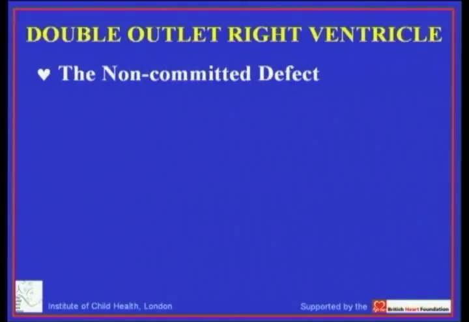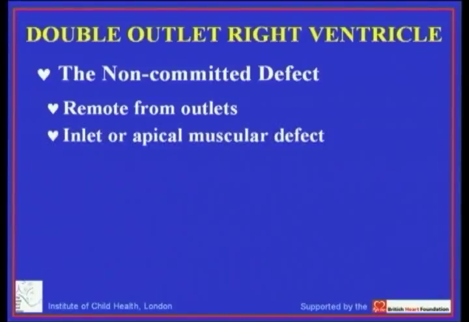So the final consideration to complete our spectrum of lesions that have double outlet connection from the morphologically right ventricle are those with the non-committed defect. And the essence of the non-committed defect is that it is remote from the outlets.